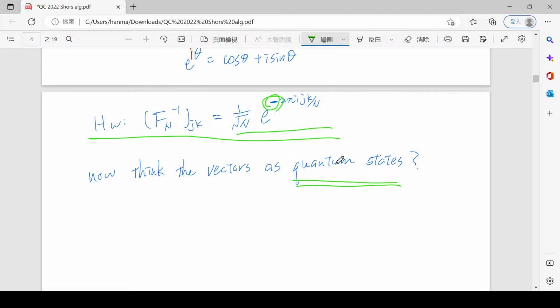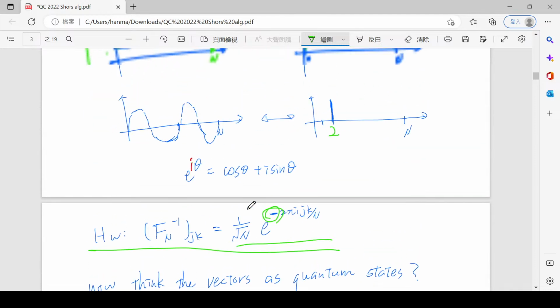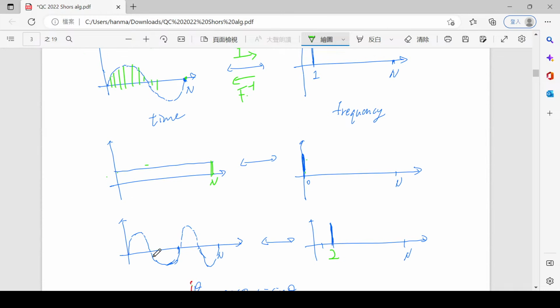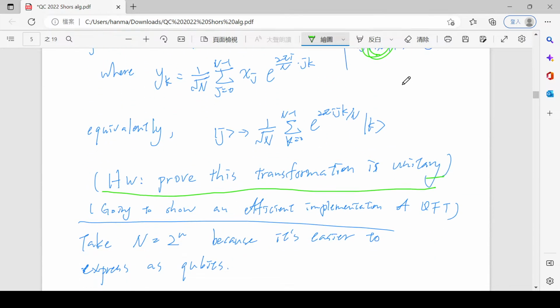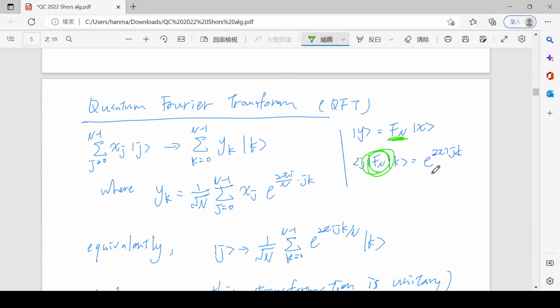So the idea is that the Fourier transform is a good way to analyze our signals. And the idea in quantum computing is that if we store our data in terms of some quantum state, then we can apply the quantum Fourier transform as a unitary matrix on our state.